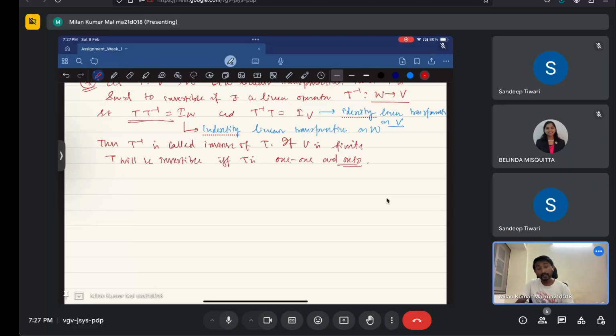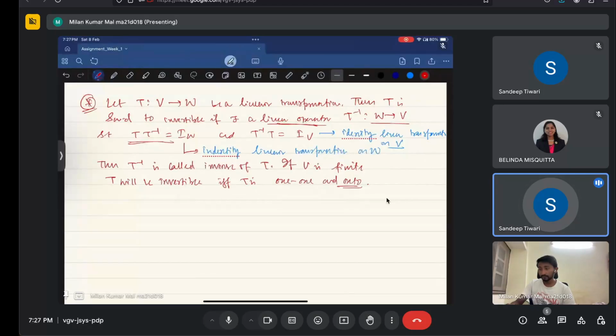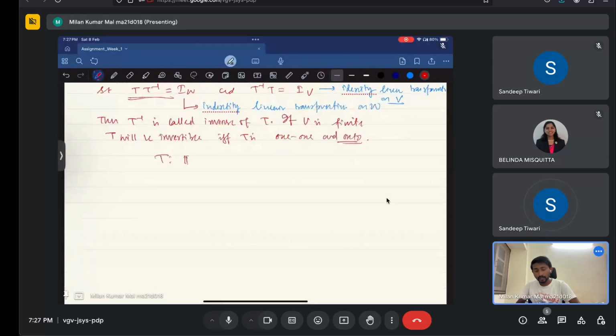But here is one fact, that the inverse should also be a linear operator, right? Sir, in finite dimensional spaces, if we are able to show that T is one-one, then it is automatically onto. No, why would it be? Suppose we are defining a map from R2 to R3.